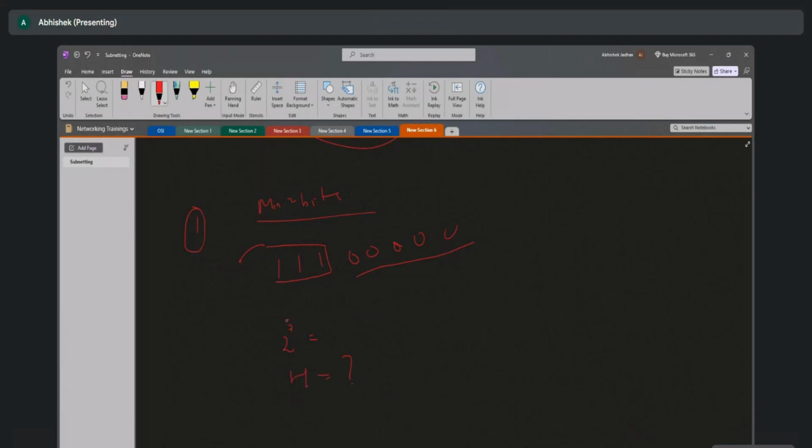The moment you see this 7 here, when it's a class C IP address, you know that the initial 24 network bits are already occupied and only 8 host bits are free. Among those 8 host bits, the interviewer is telling you that we are occupying 7 bits.